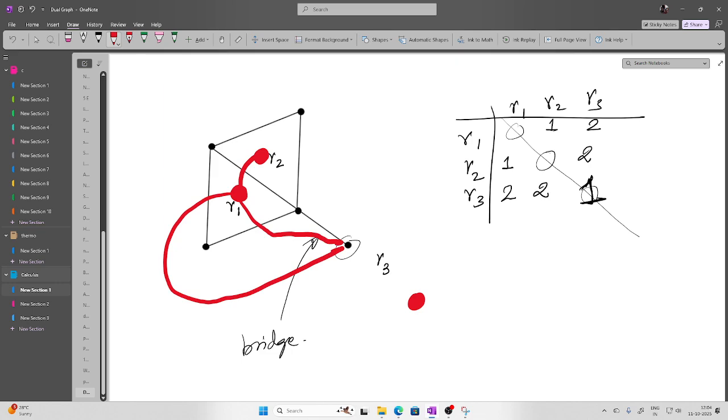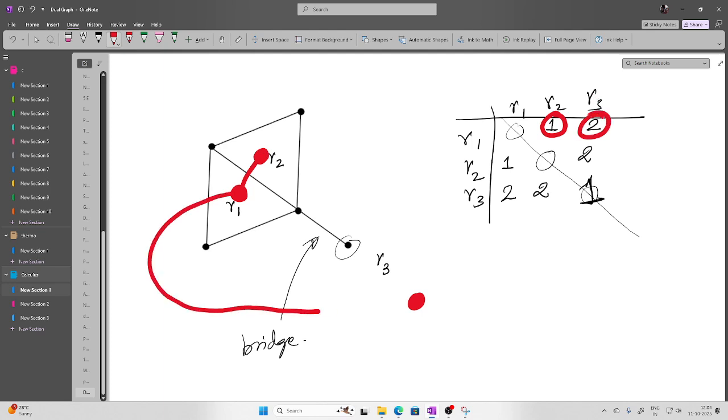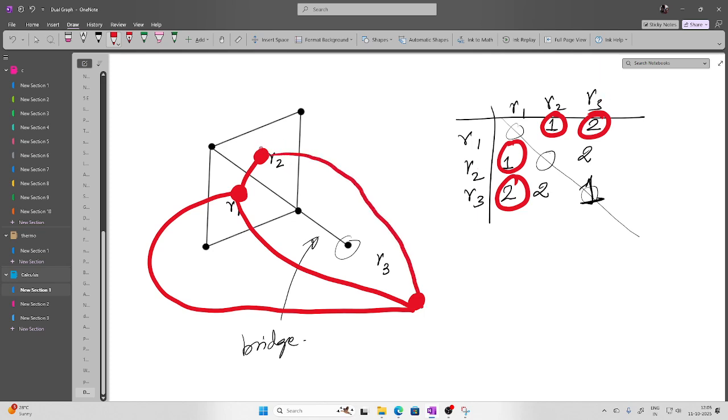Now comes R2, R3: two edges, the first one coming from here and the second one from here.